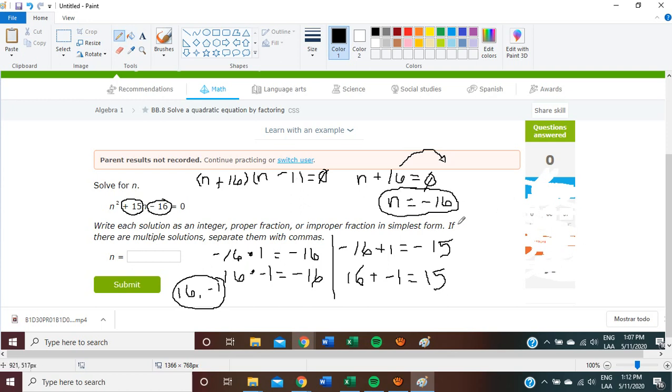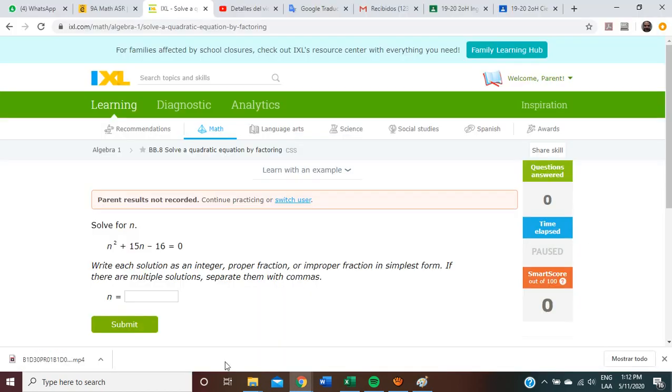Now for the second one, n minus 1 equals 0. So this negative 1 is going to go to the other side. So n equals, it was subtracting, now it is going to be adding. So this is the other result. n equals negative 16 and n equals 1.